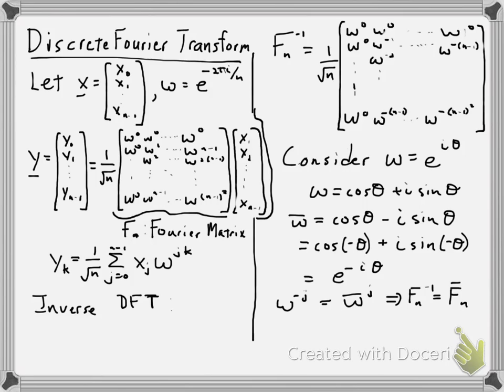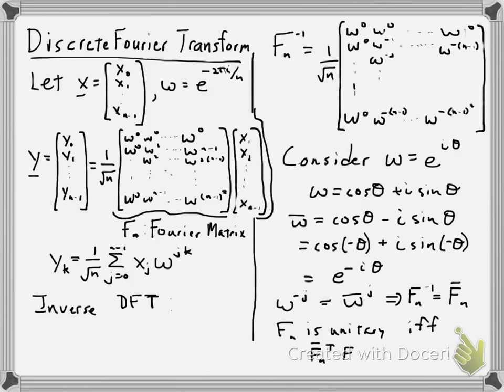And so now some definitions. Well, it turns out that a matrix is unitary if and only if the conjugate transpose of the matrix is the inverse of the matrix.